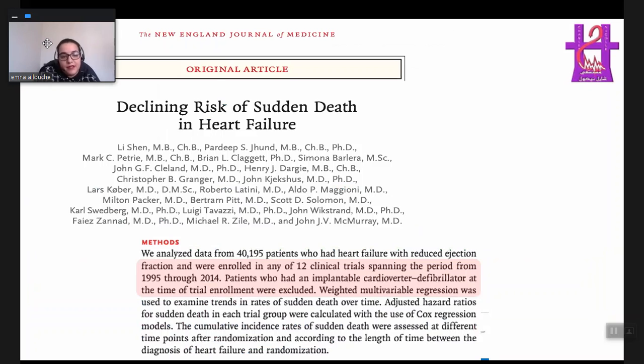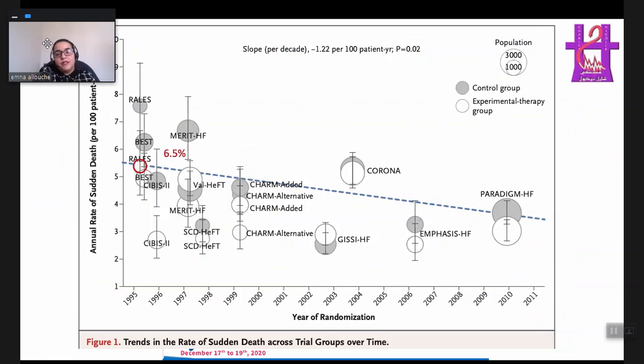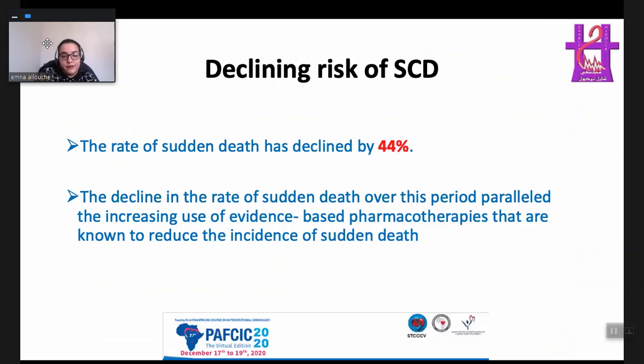In this recent meta-analysis, Chen analyzed data from 12 clinical trials spanning the period from 1995 through 2014. They excluded patients with ICDs, and we see that the annual rate of sudden cardiac death is decreasing, from 6.5% in RALES, which terminated in 1998, to 3.3% in PARADIGM, which terminated in 2014.